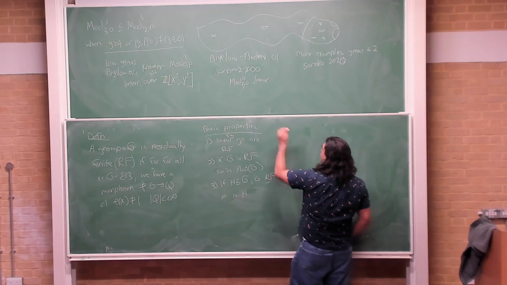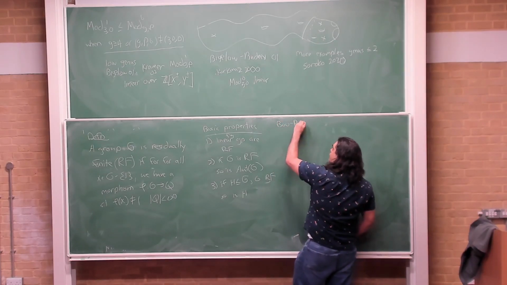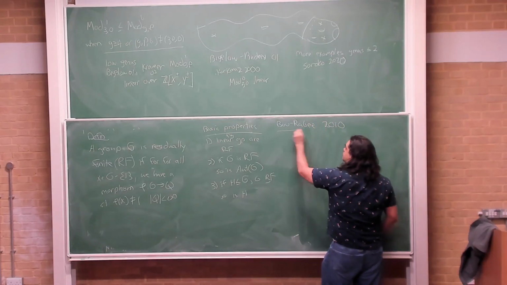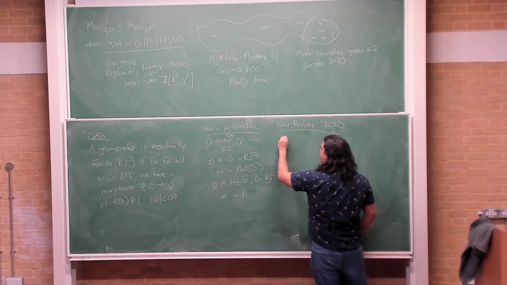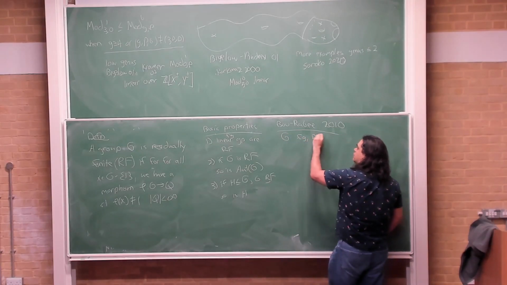So what you do is use this idea that was introduced by Bou-Rabee in 2010. Okay, and from now on, we're always going to assume our group is finitely generated and residually finite.